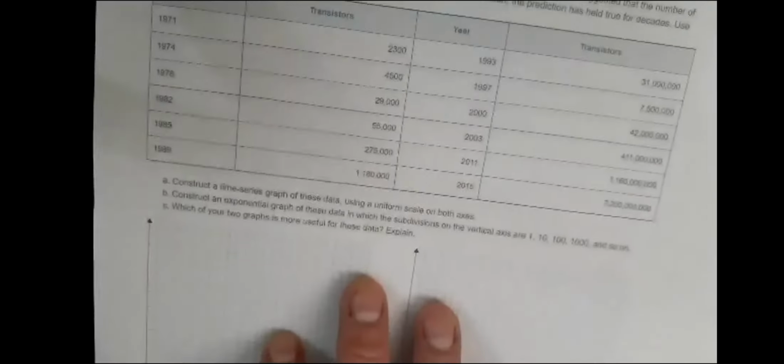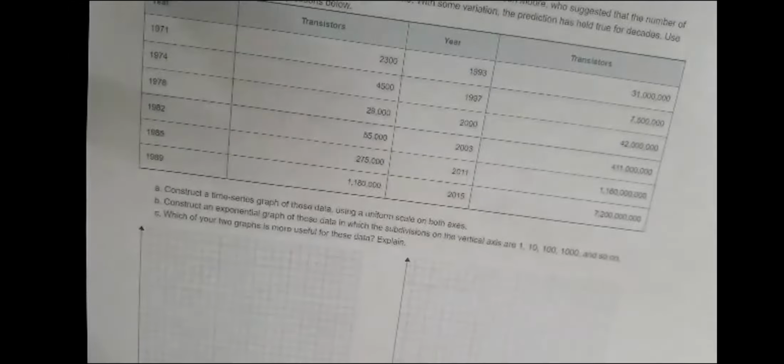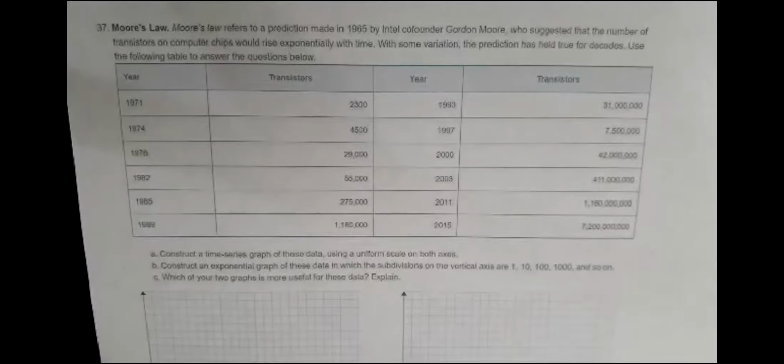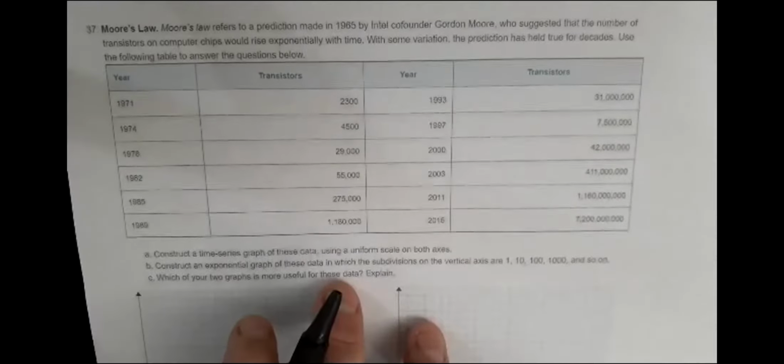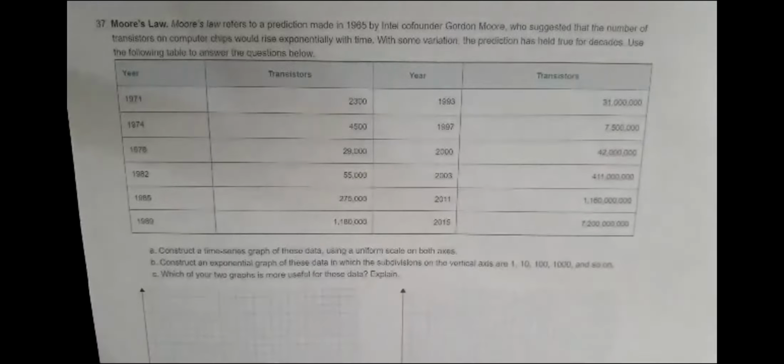Oh man, I gotta have the graph stuff now. Moore's Law. Did we talk about it? Oh, that's the other class we talked about Moore's Law. Never mind. Moore's Law refers to predictions made in 1965 by Intel co-founder Gordon Moore. And it's been pretty true, I think, since he made it.